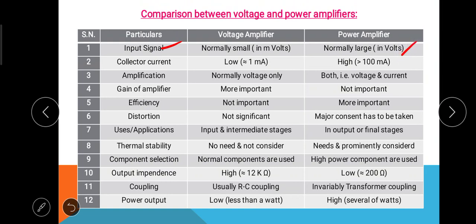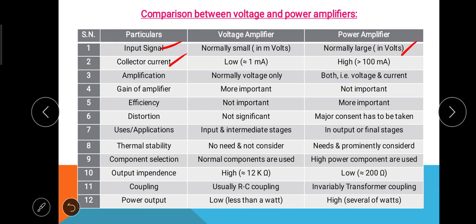In case of power amplifier, the input signal voltage or level is normally large and its typical range is a few volts. Secondly, if we talk about collector current, then in case of voltage amplifier, the collector current level is very low, and typically it is up to a few milliamperes.